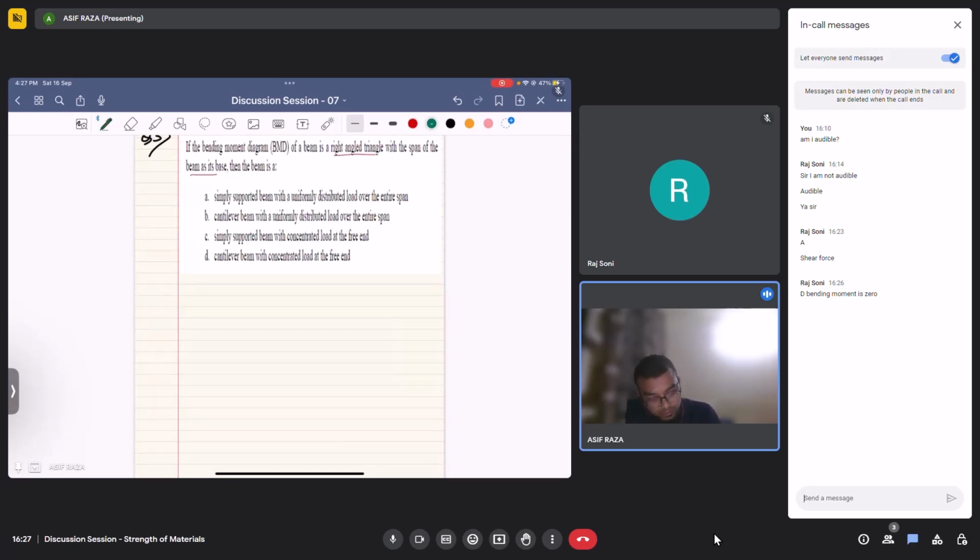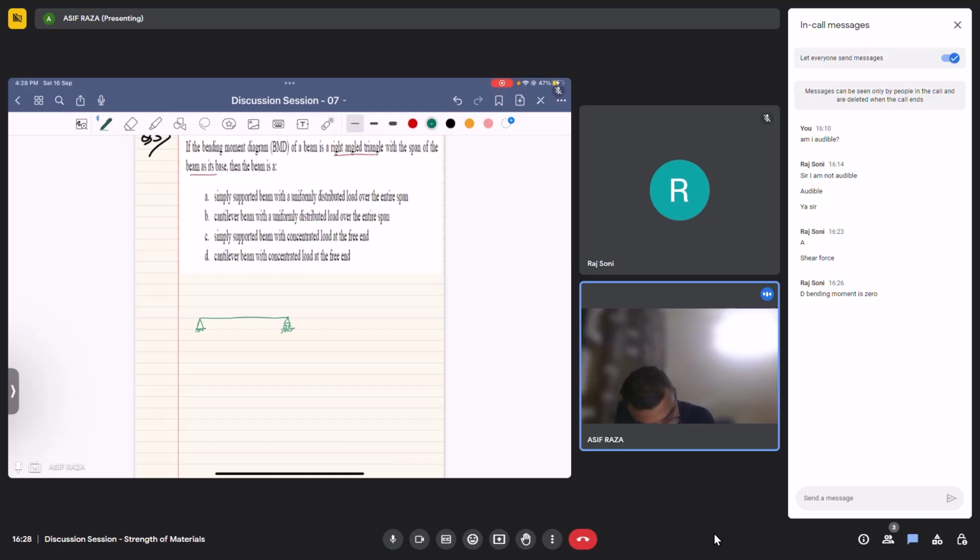Okay, so first is simply supported beam with a uniformly distributed load over the entire span. Let me draw this.